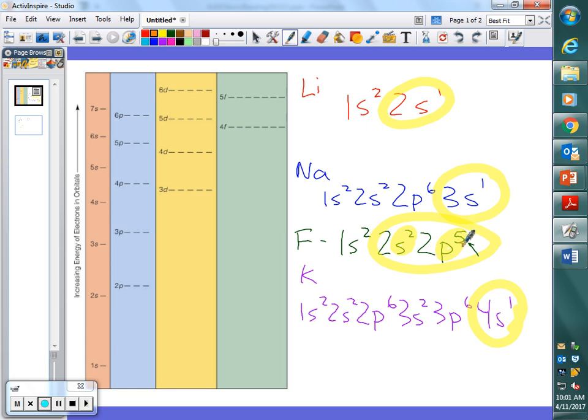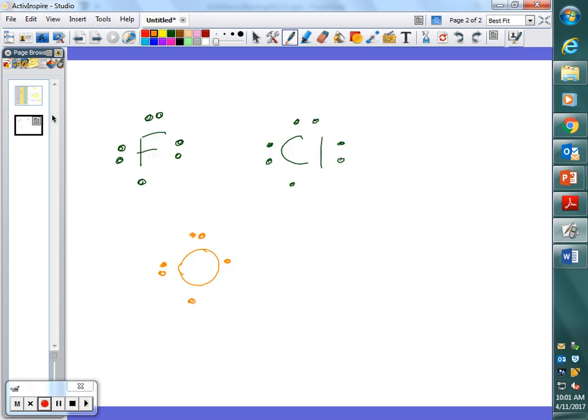It can hold 1 more electron. So that takes our valence electrons from 7 with fluorine to how many for neon? 8. So when we draw neon's Lewis structure, it's going to look like this: 1, 2, 3, 4, 5, 6, 7, and 8.